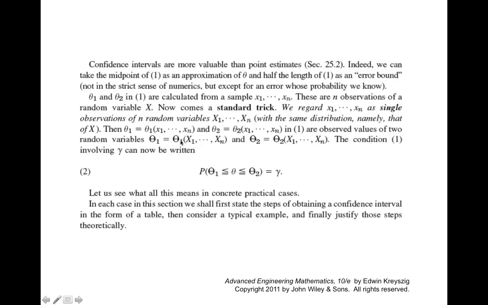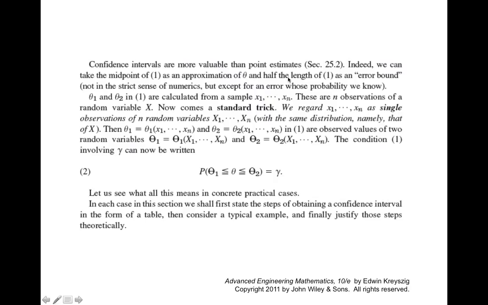And the random variables would be the actual variable itself, so height, weight, age, etc. So now, basically you can say that the probability that your observed variable falls between theta 1 and theta 2 is in fact gamma.